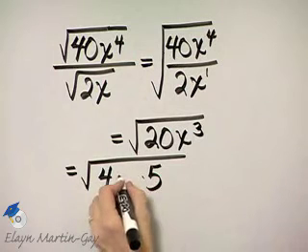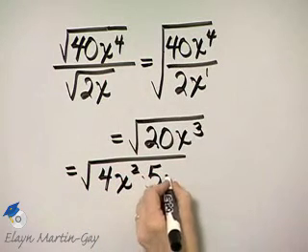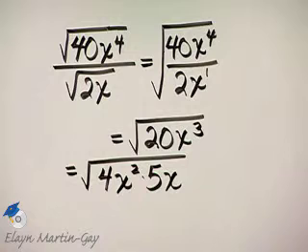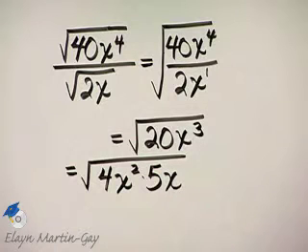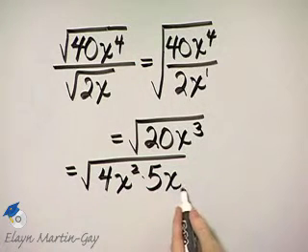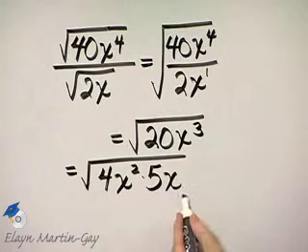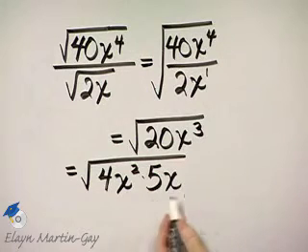X cubed is x squared times x, and I know x squared is a perfect square. So notice 4x squared is a perfect square factor, and then 5x is not. Also notice that this product is 20x cubed.